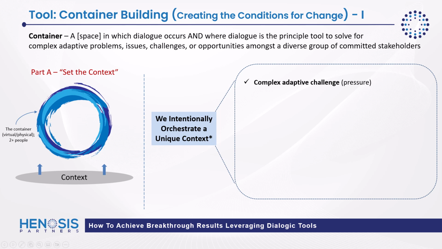In addition to this context reflecting a certain pressure, we're also wanting to be intentional about orchestrating a context where there is an interdependence, there's an entanglement amongst and between the various stakeholders. We're wanting to establish a context where there is diversity, both cognitive and demographic diversity. And in fact, our goal when establishing such context is to maximize diversity, that is, to maximize both cognitive and demographic diversity.